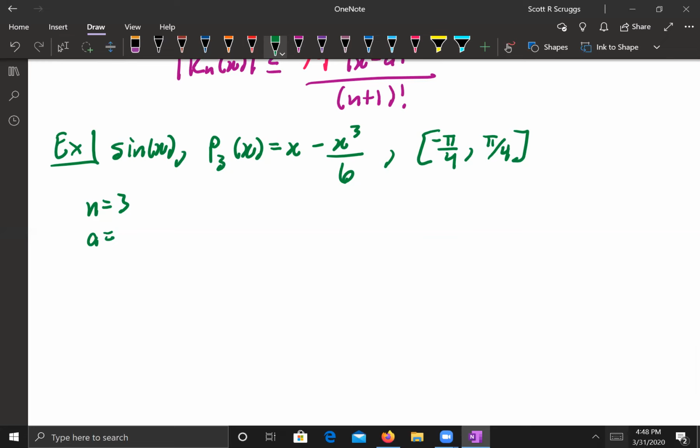And so in this case, I'm going to let a be 0. And that seems weird because I'm working in the interval negative pi over 4 to positive pi over 4. And so now the question is, why did I choose that to work with instead of another one?